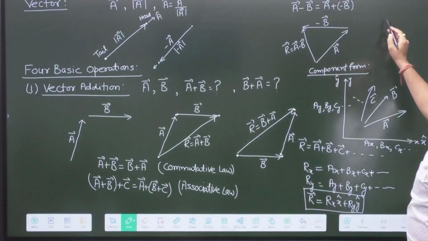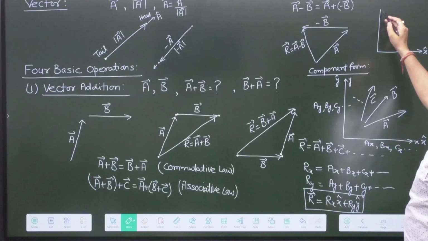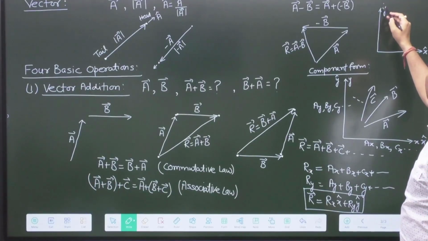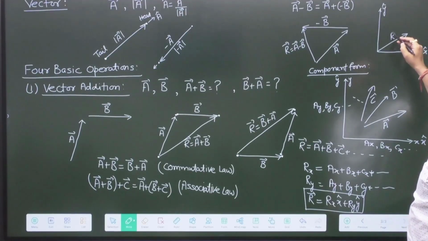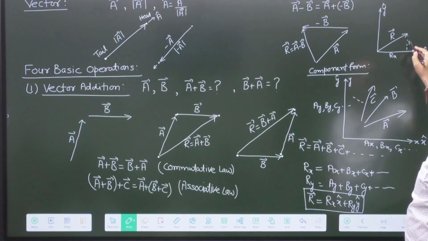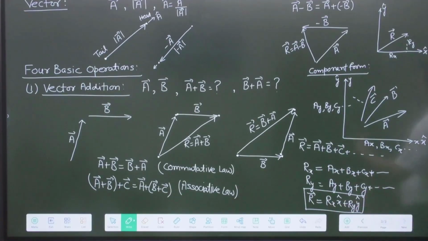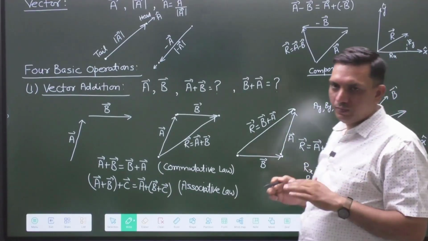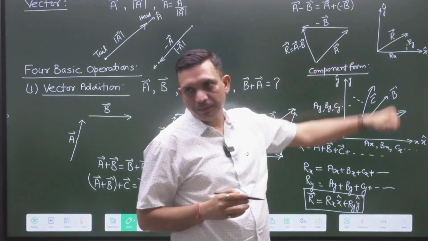So finally, if this is x cap and this is y cap, I got this vector, which is vector R. In component form, this component is Rx and this component is Ry, which you can calculate. So n number of vectors are given, resolve them in component form, x and y, and then write their resultant.